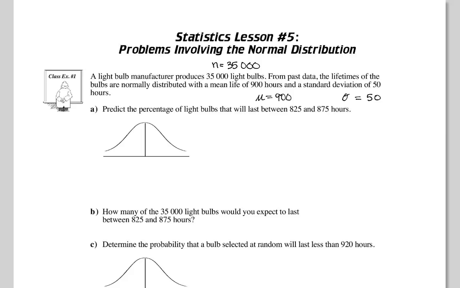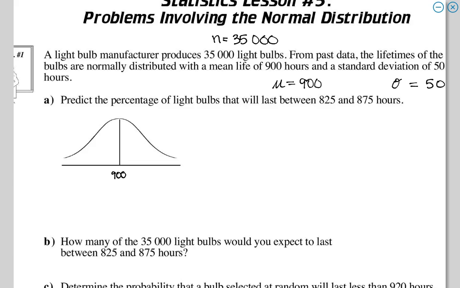So on this picture, where do I put the 900? Right in the middle, right? And if you just do a few standard deviations, I'm just going to zoom in a bit. What's one standard deviation to the left? That value would be 850.